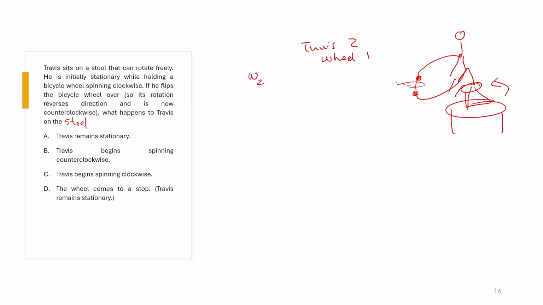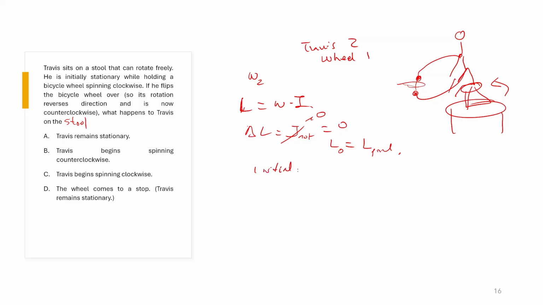What we're going to observe is, at the beginning, angular momentum is equal to omega times I. Conservation of angular momentum is given by the rotational impulse, but there's no external force, so there's no change in rotational momentum. Angular momentum at the beginning needs to be the same as at the end.